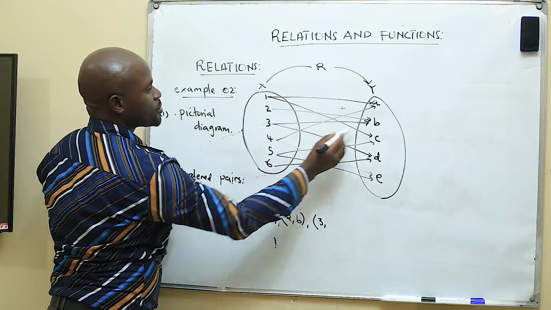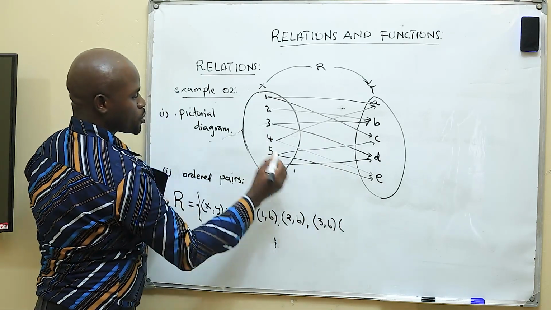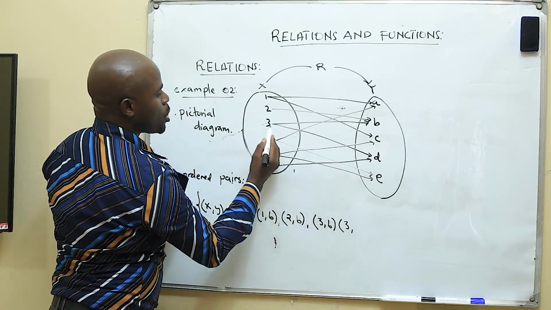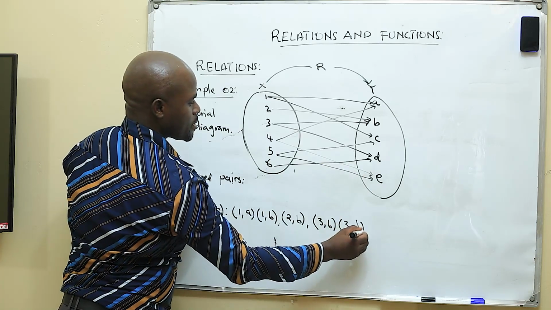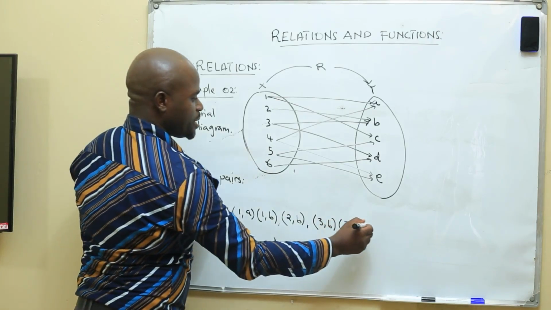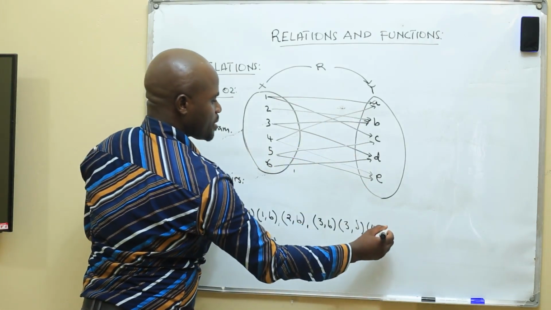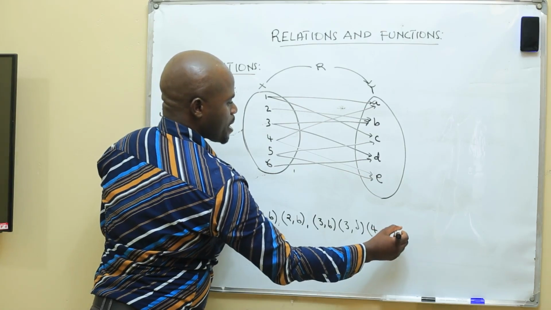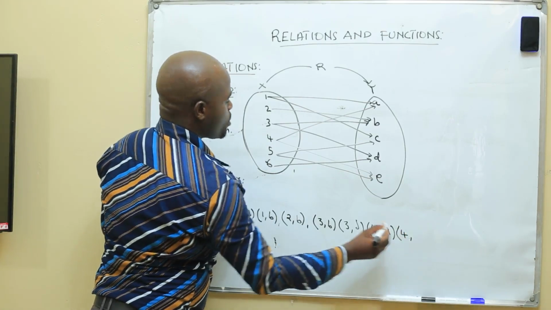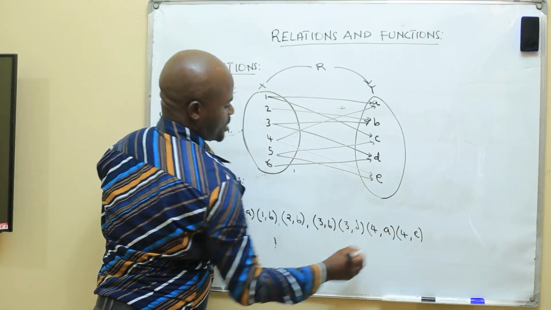Number 3 goes with B, but also number 3 goes with D. Yes. We have number 4. Element of the first set, number 4, goes with A, but also number 4 goes with E.